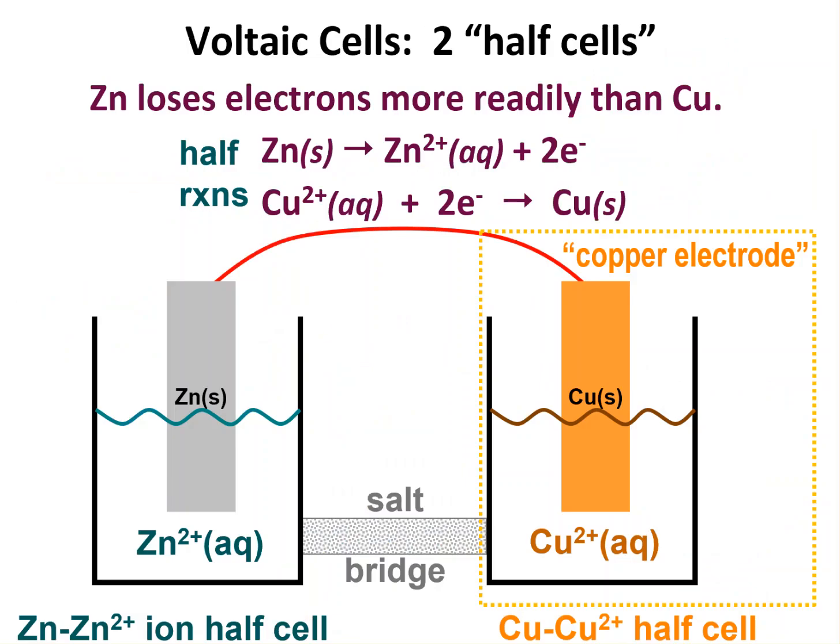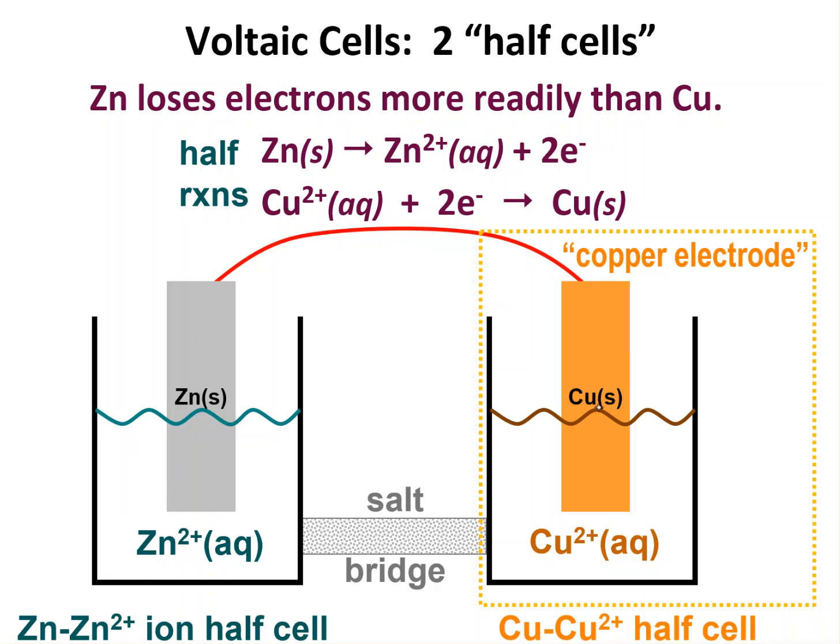We're going to do a lot more with voltaic cells. These are the ones that take a spontaneous reaction and create the current. This is a simple one that involves two half reactions with zinc and copper. For each one, we have a container with the solid metal zinc and a solution that has zinc ions.